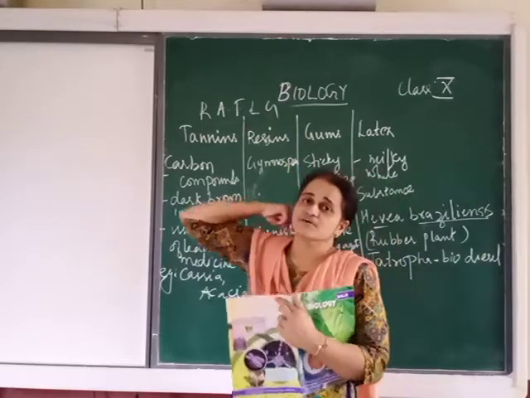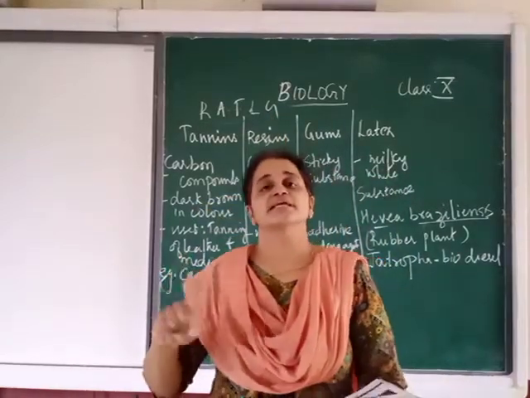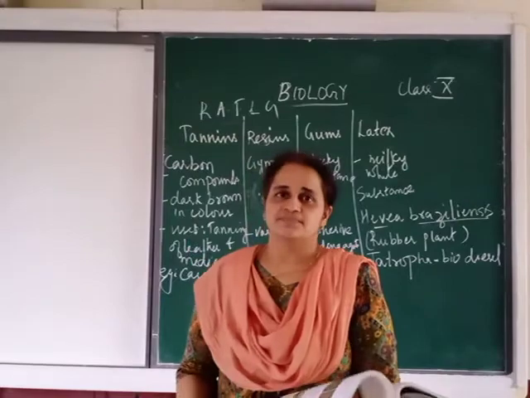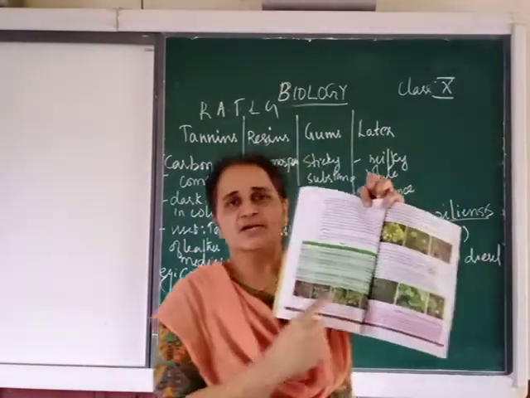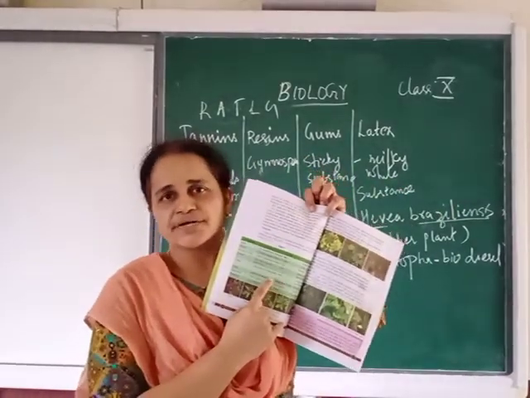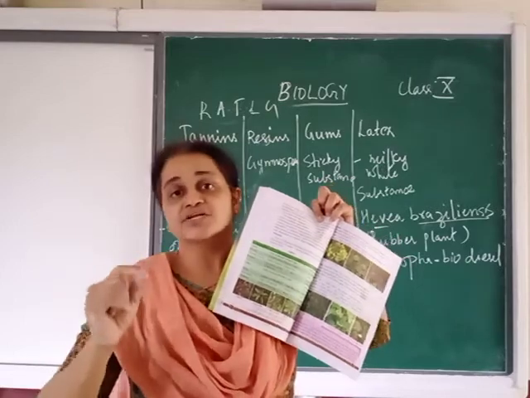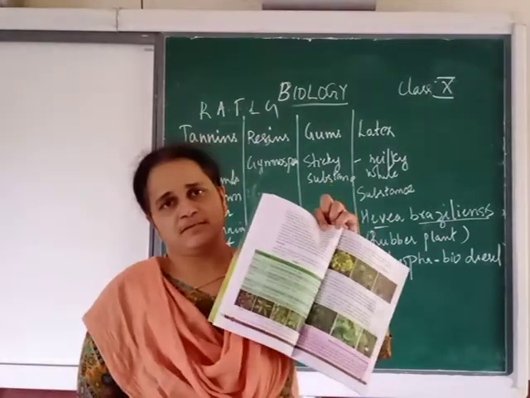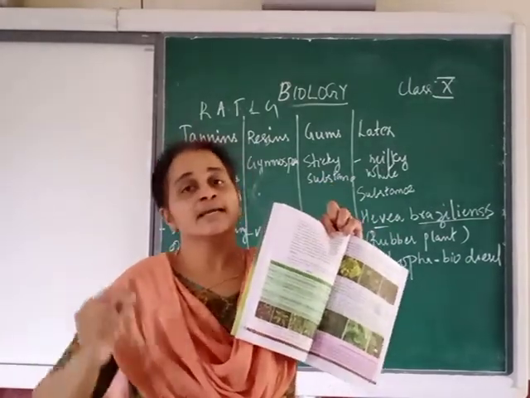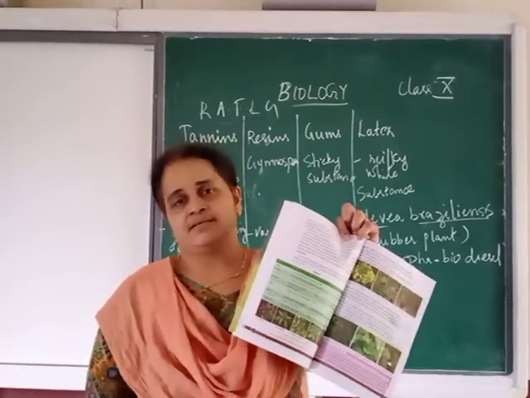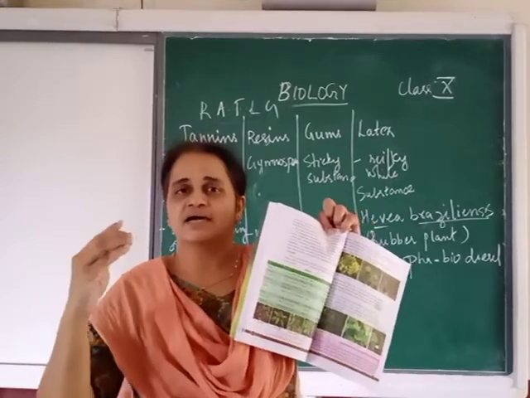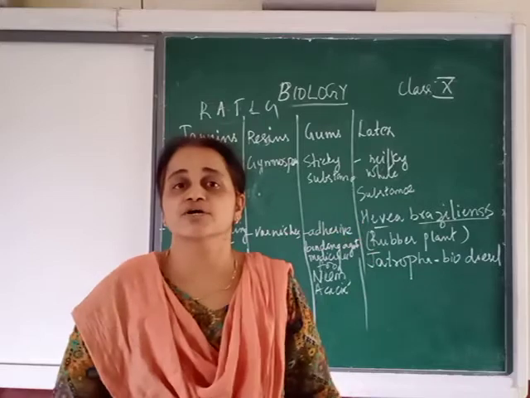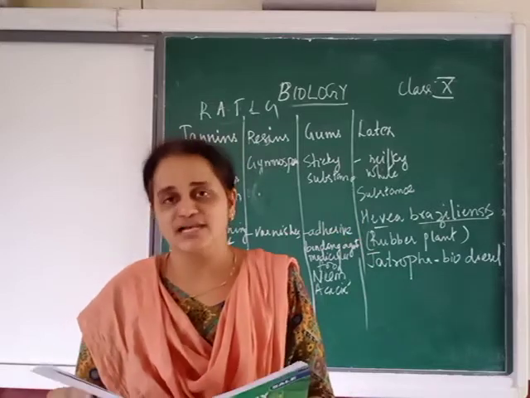Yesterday we talked about the first secondary metabolite, alkaloid, and we also saw this alkaloid table. Alkaloids are nothing but the nitrogenous substances which are secreted by plants. Some of these alkaloids even have economic or useful values.